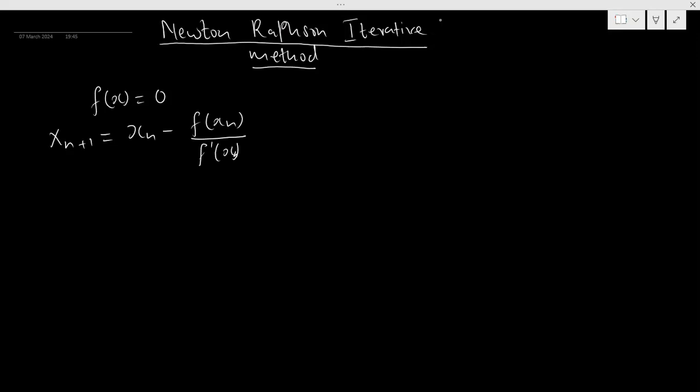Now, in this case, we want to solve an equation using the Newton-Raphson method. So you have been given a question. Consider the equation x cubed minus 3x minus 4 is equal to 0.